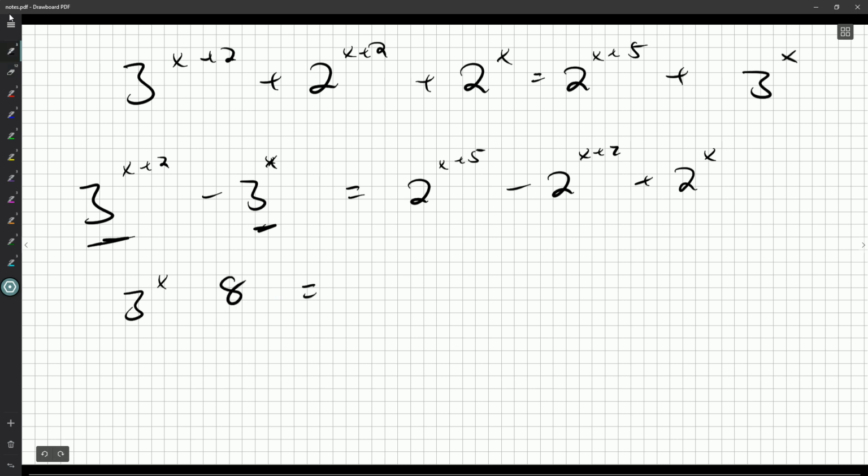Okay. And over here, I'll take out a factor of 2 to the x, and so we'll be left with 32, 2 to the 5, minus 4, minus 1. Oops, this should be a minus sign, which you might recognize as 27.